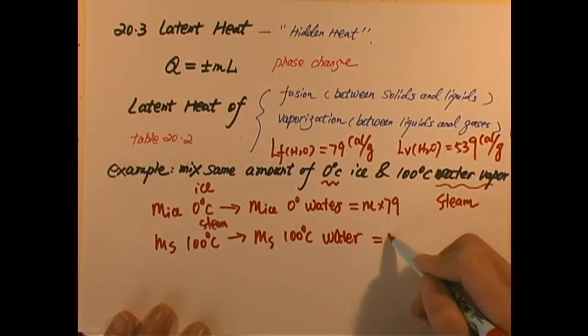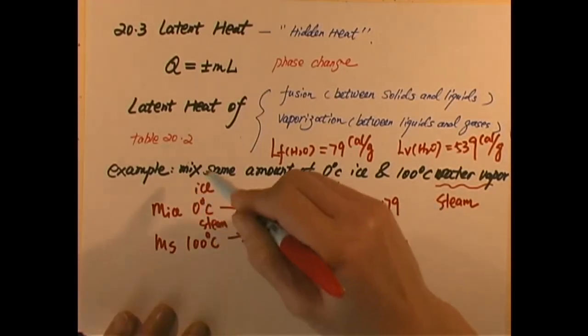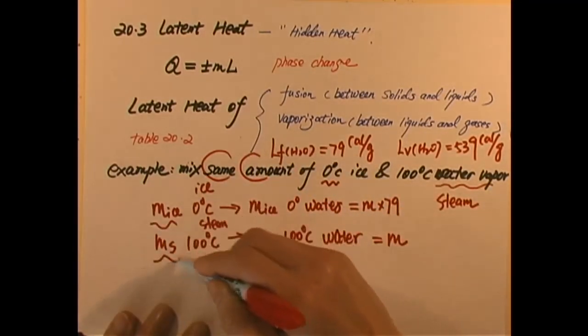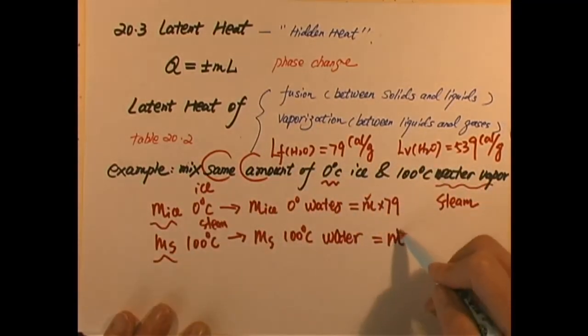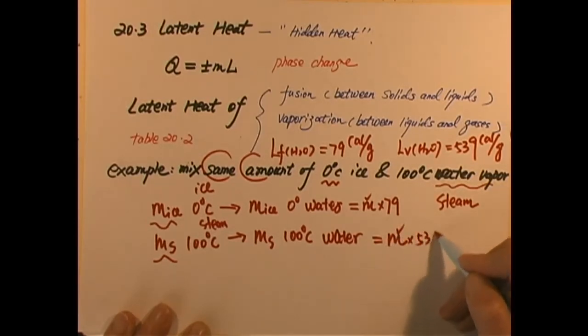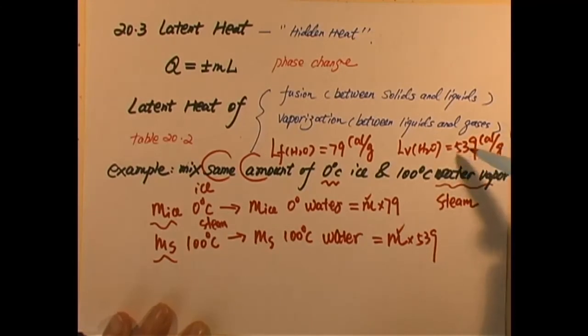So that is m, the same amount. So the mass of ice, mass of steam, we use m here, we use m there. But every 1 gram is going to release 539, because when we vaporize it, it needs 539 from boiling water to steam. But when the steam condenses, it will give up that same amount, 539.